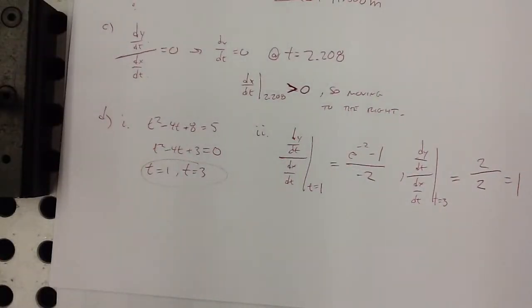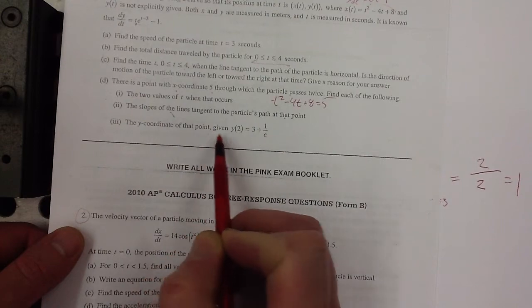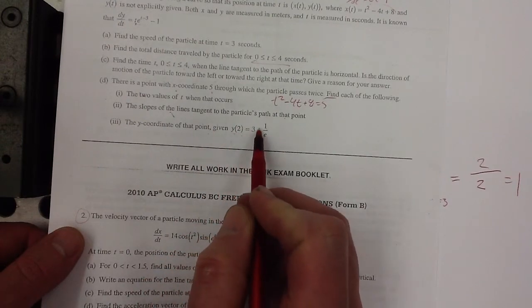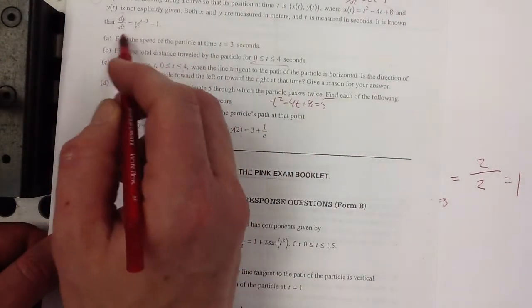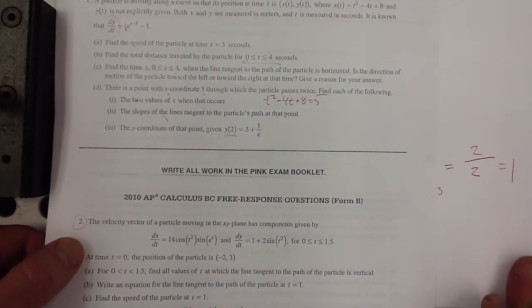And last, what is the y-coordinate of that point given that y of 2 equals 3 plus 1 over e? And that, since I have the derivative and they're giving me a point, this is like a fundamental theorem kind of problem.